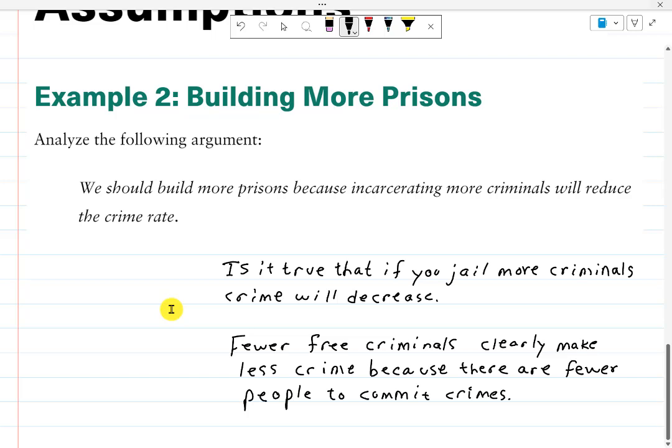In fact, you would probably have a politician who might be in favor of this particular statement saying that it's pretty clear that if we had fewer bad people on the streets, fewer bad things would happen. I think that's the logic that they're using. But that's subject to some thought.